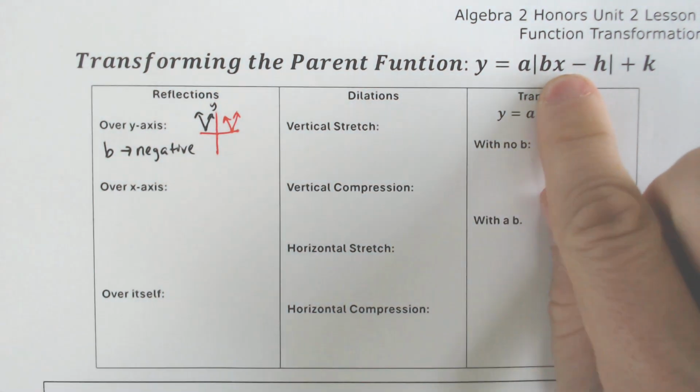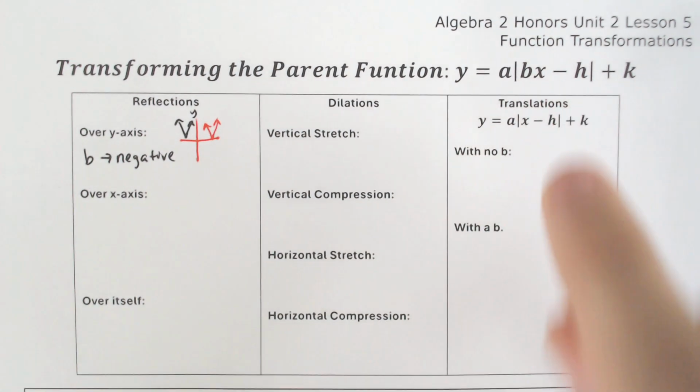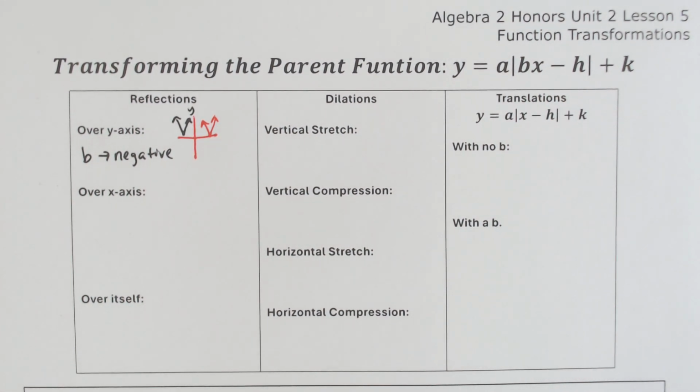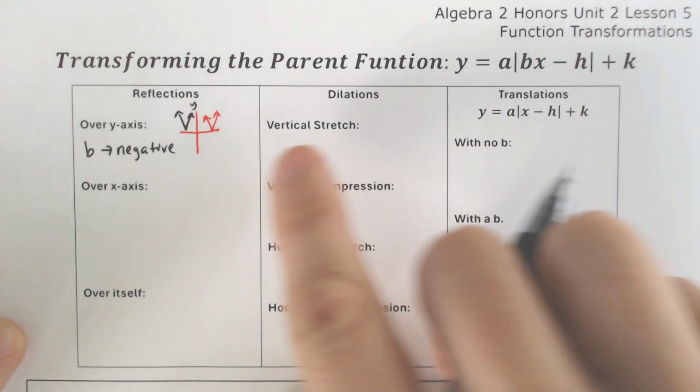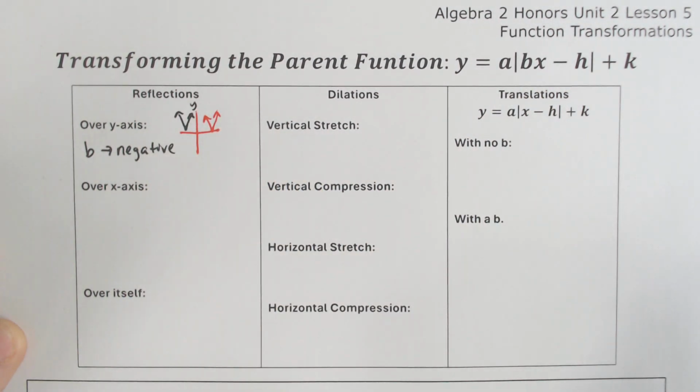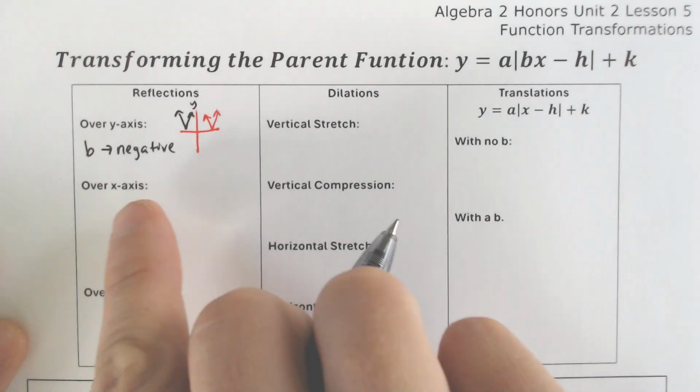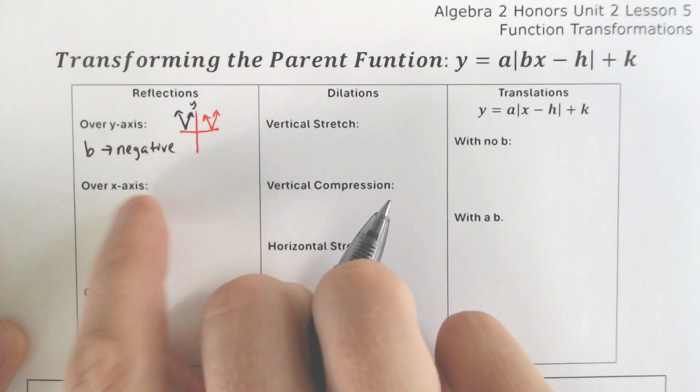There is the b right there in your formula. It doesn't matter if it's an absolute value, if it's a parabola, or whatever function it is. If the number in front of the x becomes negative, whoop, it flips over like that.